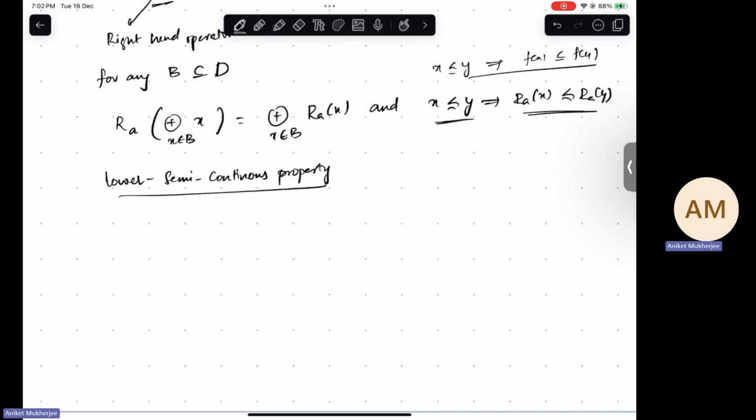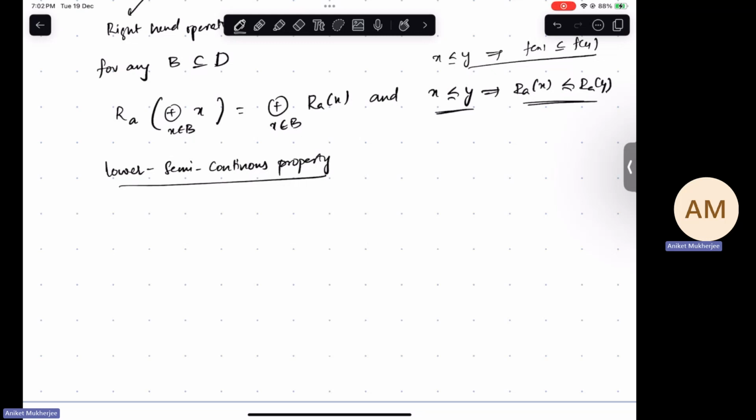So that is lower semi-continuous. Now we define something known as R_A hash. R_A hash is another mapping: if you take y, it gives the sum of all x's in D such that R_A x is less than or equal to y.